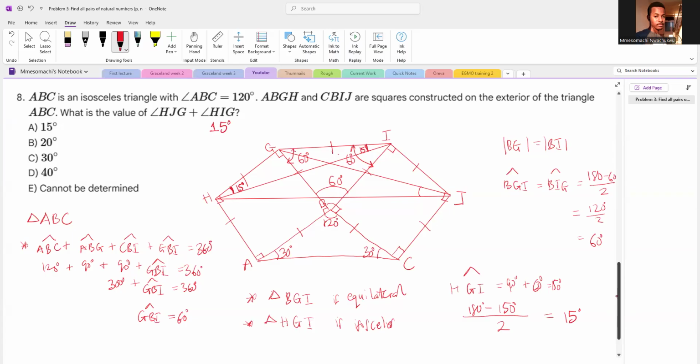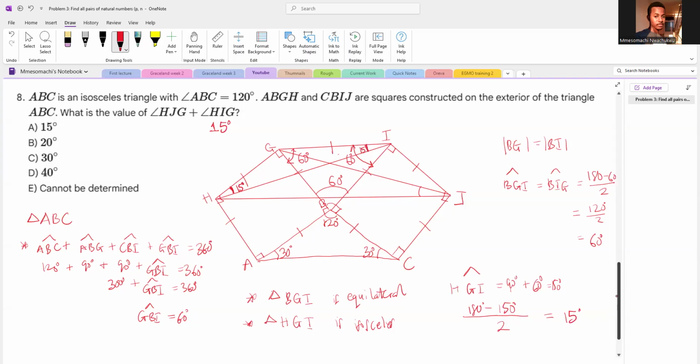What else can we get here? So now, a major challenge would be to find angle HJG. But to do that, we can also observe that angle GJI. So scroll down.